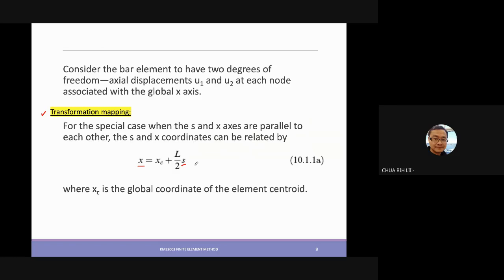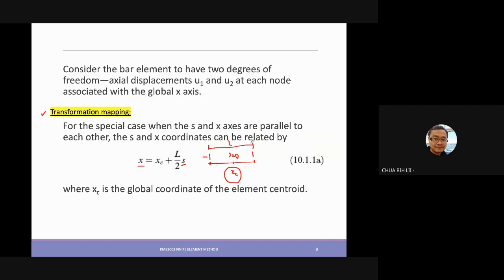So that is the difference. As you can see, previously this is -1 and this is 1 in terms of s, and at the middle, s equals 0. In terms of x, this we would call the central xc, and now we would define the length of the element.